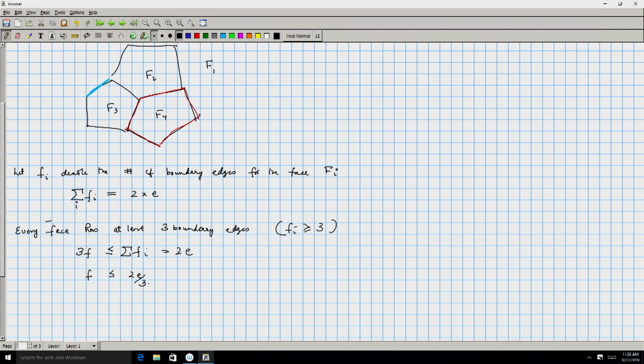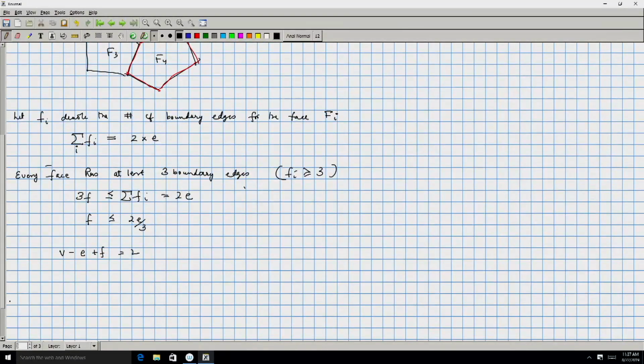Now, if we substitute this in the Euler's formula, V minus E plus F is equal to 2, what we get is E is equal to V plus F minus 2, and that is going to be less than or equal to V plus 2E by 3 minus 2.